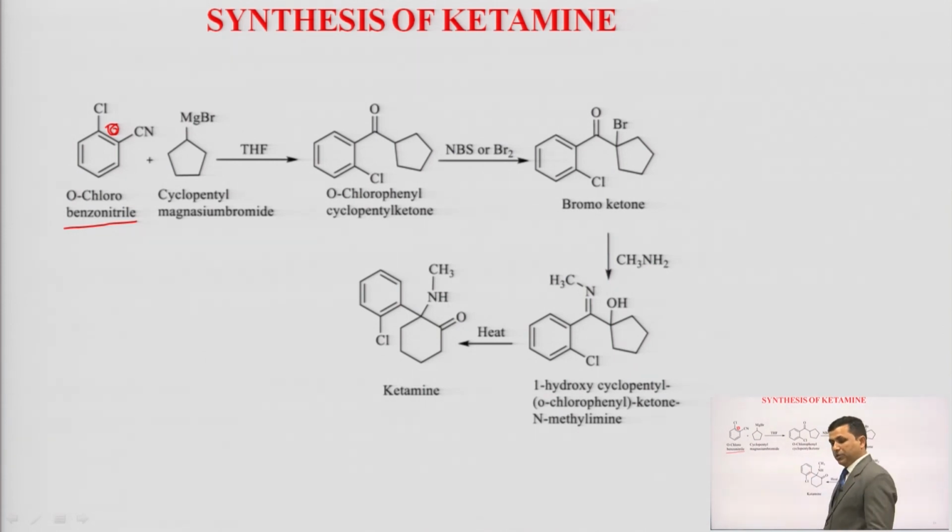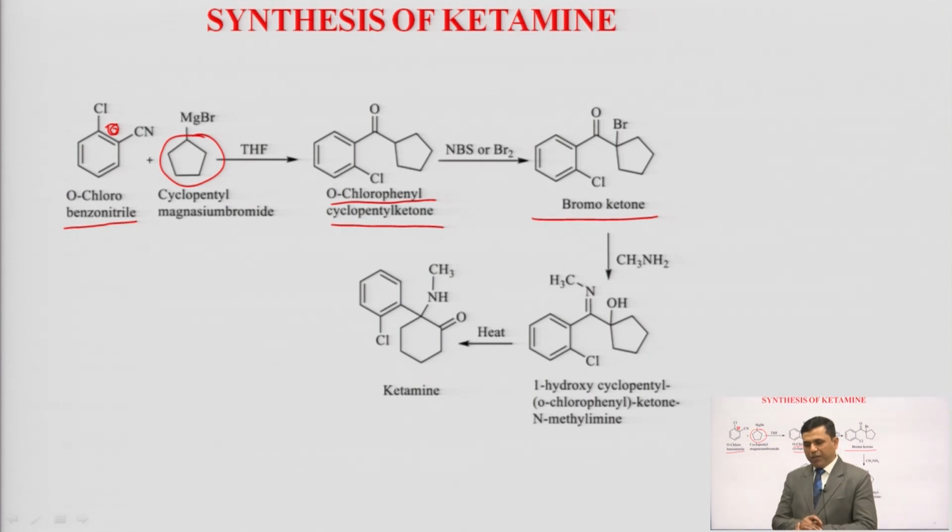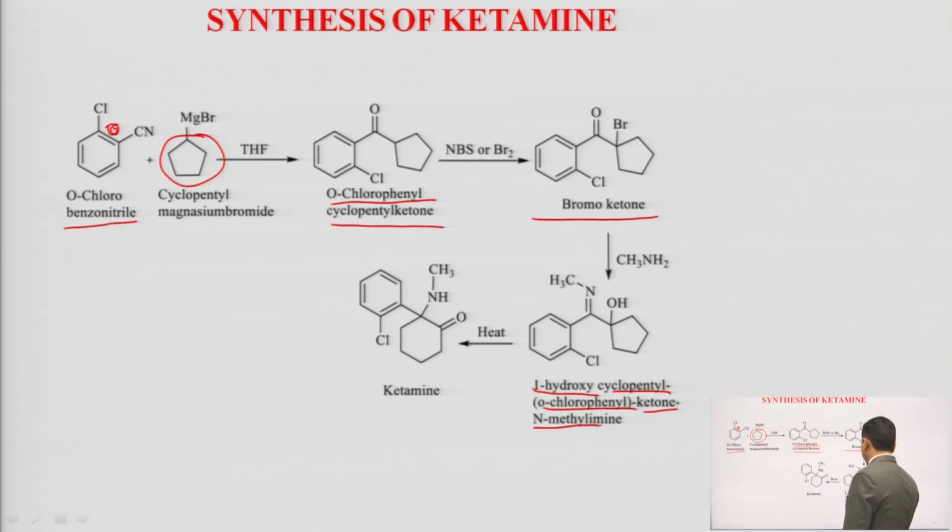With cyclopentyl magnesium bromide, it is converted into orthochlorophenyl cyclopentyl ketone, and by bromination it is first converted into the bromo ketone, and in the presence of methylamine it is converted into the important intermediate, 1-hydroxycyclopentyl orthochlorophenyl ketone and methylamine.